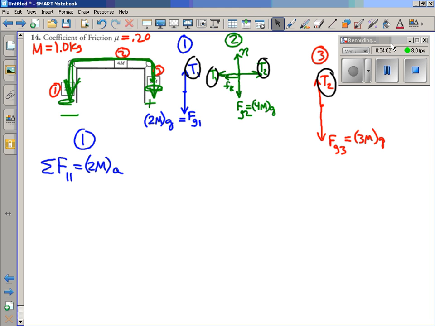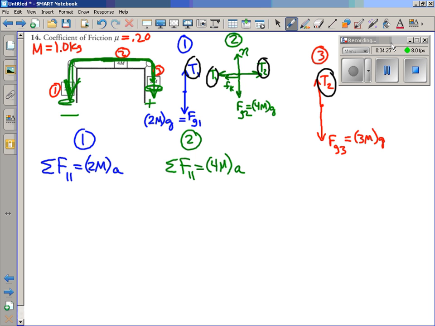Similarly, for object 2, the sum of the forces parallel to the direction of motion, which is to the left and right for object 2, equals the mass of object 2, which is 4m times its acceleration.